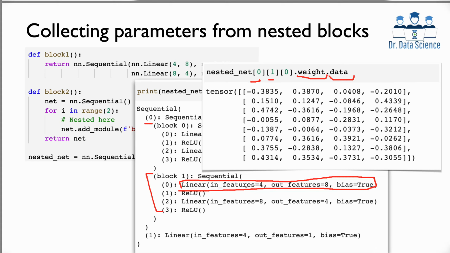And as you can see, we have 4 input neurons and 8 output neurons. So that's why this weight is 8 by 4, meaning that the number of rows is equal to the number of neurons in the next layer, and the number of columns is equal to the number of neurons in that layer that we have. And this is exactly consistent with what we had before. So again, in summary, you can always have nested networks, and you can start indexing from outside to get into the inner list.